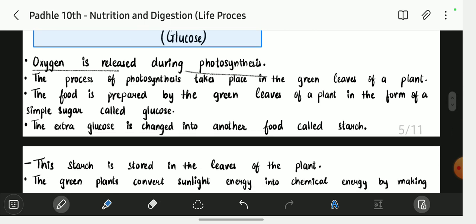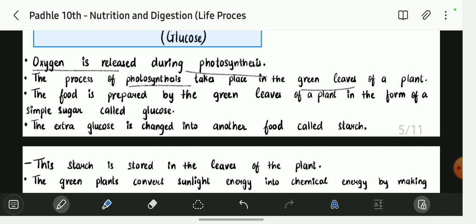Let's go. The process of photosynthesis takes place in the green leaves of the plants. Plants have leaves, as we know.